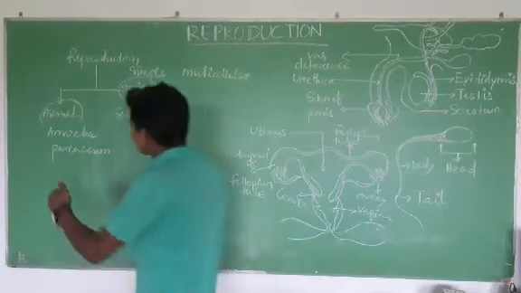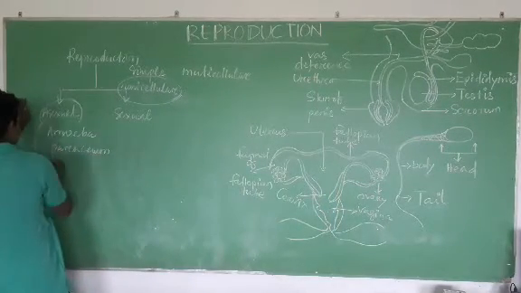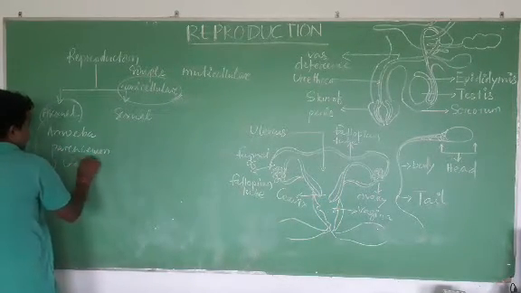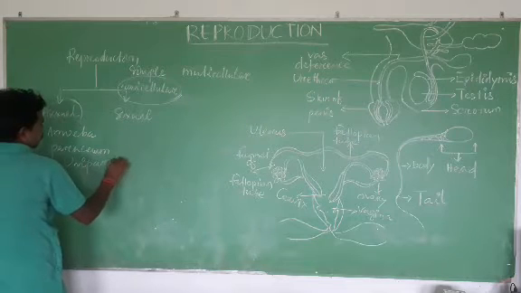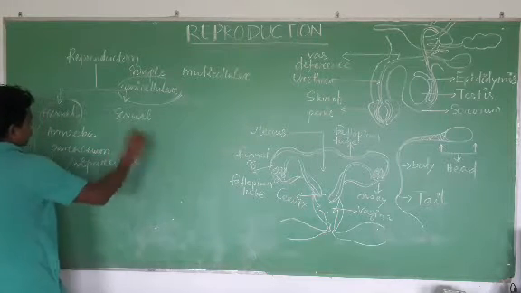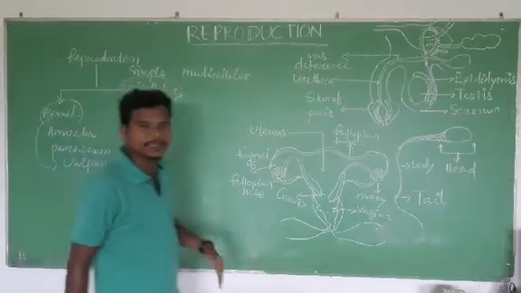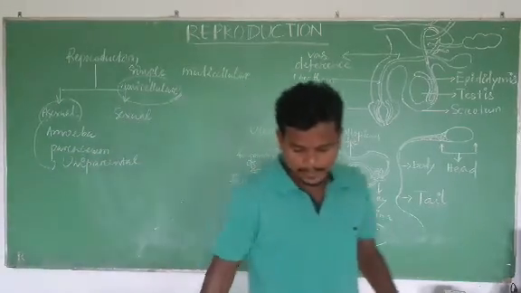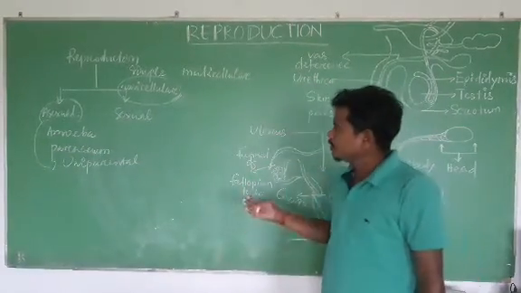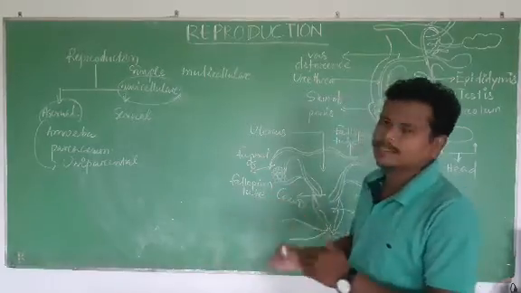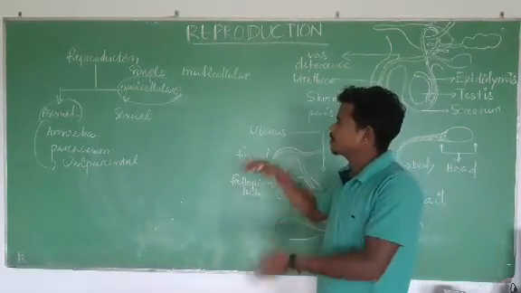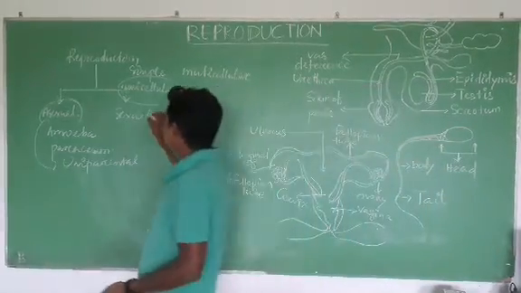This type of reproduction is also called uniparental reproduction. This is all about the asexual mode of reproduction, so next we will come to the sexual mode of reproduction.